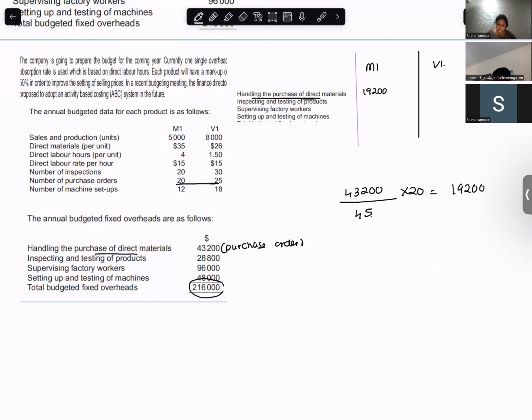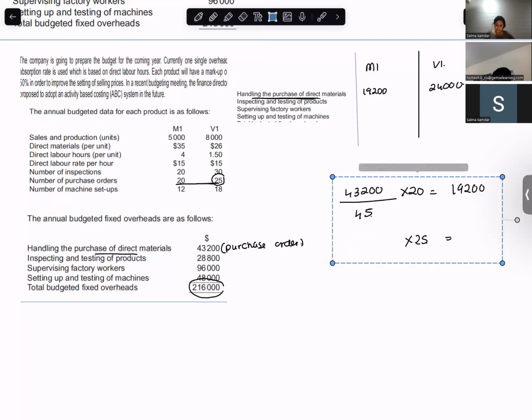And into 25 would go for V1, which is 24,000.